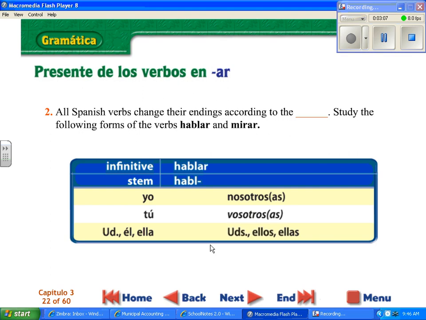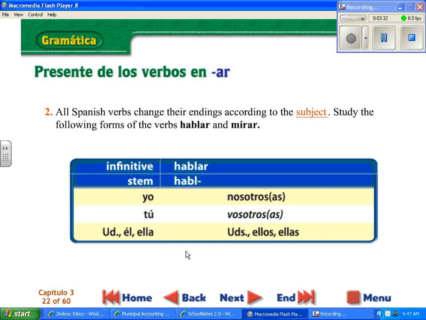In other words, we change the verb from the infinitive by dropping the AR or R ending to a different ending. All Spanish verbs change their endings according to the subject or who does the action.